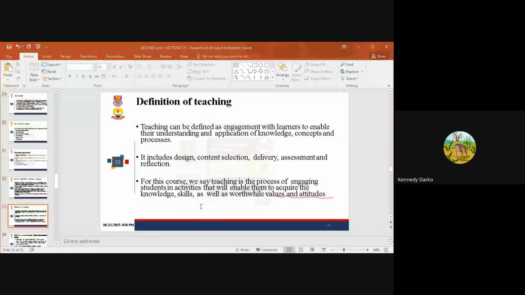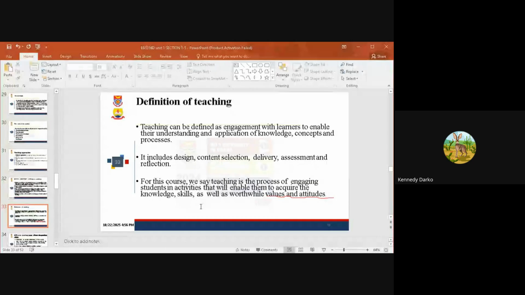So teaching is an engagement between the teacher and the learner, where the student's understanding is enhanced, the application of their knowledge is also helped to reach that level. Then the concepts and the processes must also meet them, or must be able to meet the level at which they are expecting you to take them.